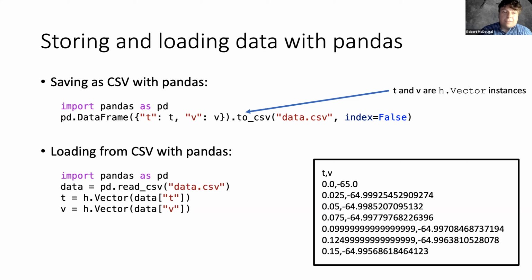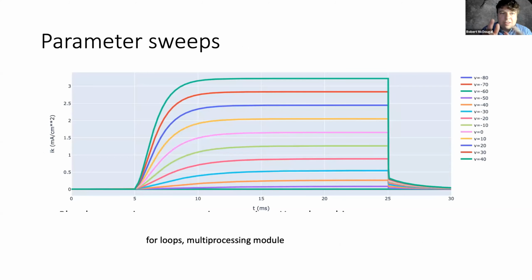Or even just save them sometimes for yourself, let me just point this out. If you're running a whole bunch of simulations, for example, you'll remember that we had the parameter sweep exercise in the homework from last Thursday. We did the same thing over and over again, except we just clamped voltage at different values and used a for loop.